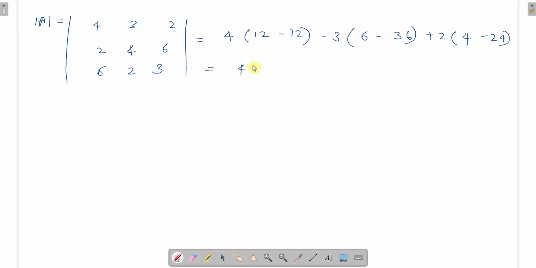So 4 times 0, minus 6, minus 3 times minus 30, plus 2 times minus 20.